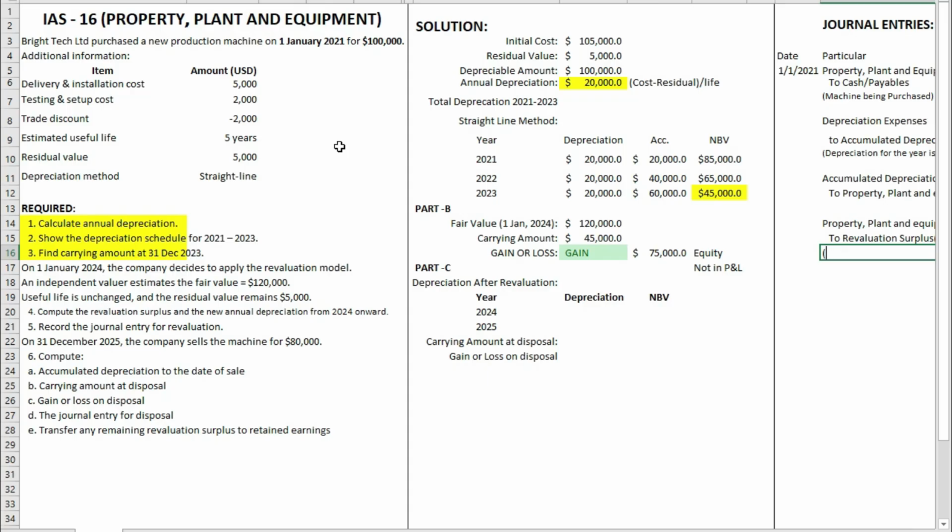For this we have already added the year 2024, and the remaining years are left. So now we have to find the depreciation after the revaluation. Let's find it. Our step 4 is the depreciation after the revaluation. Now let's amount depreciation to the date of sale.